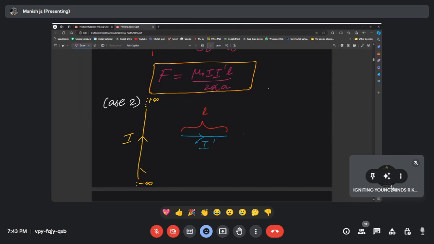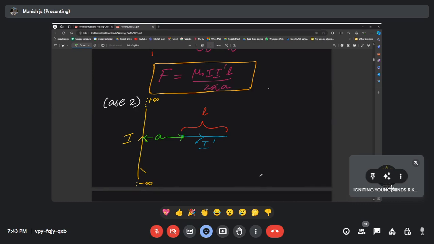Now we wish to find the force experienced by the small conductor again due to this large conductor that is carrying current. Again, here also we have the distance between both of them as a. The distance from the secondary conductor to the primary conductor is just small a units. The secondary conductor is of finite length, and the primary conductor is of infinite length.